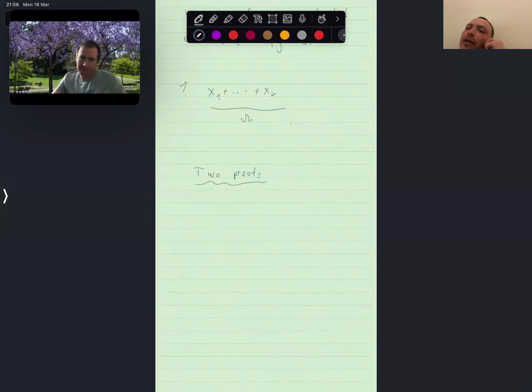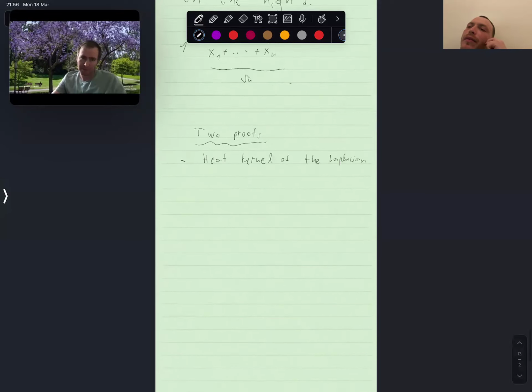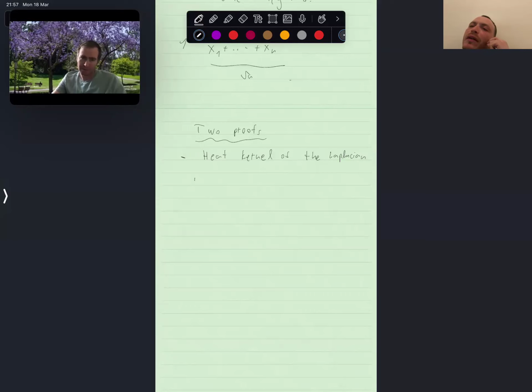So one idea is to take the heat kernel of the Laplacian. There is a Bakry-Emery criterion that tells you that a lower bound on the Ricci curvature of SUN implies hypercontractivity of the heat kernel.